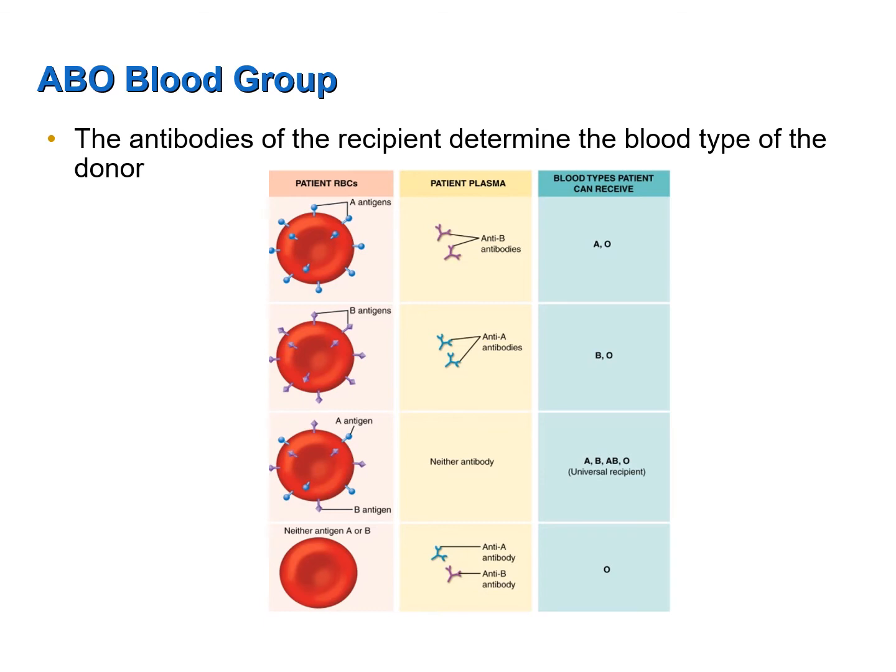However, notice that because there are no A antigens or B antigens on a red blood cell for someone with type O blood, someone with type O blood could donate blood to all of the other blood groups, to someone with A, B, or AB. And for that reason, people with type O blood are referred to as universal donors.